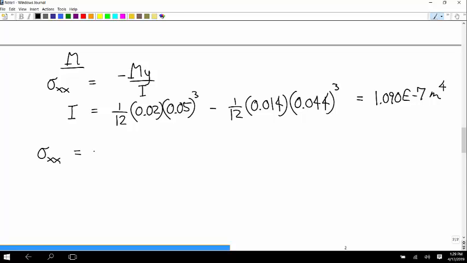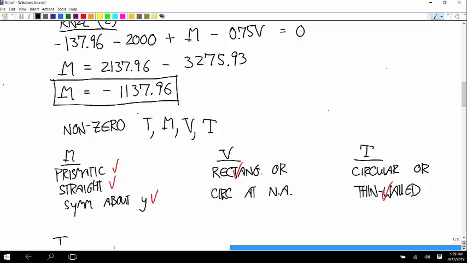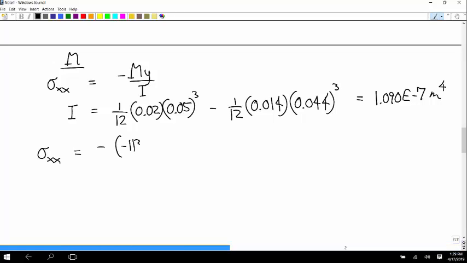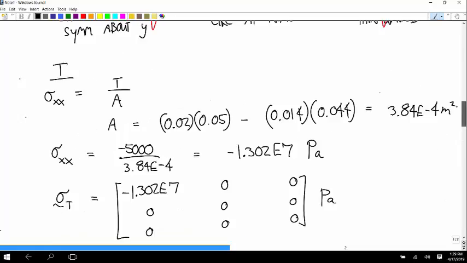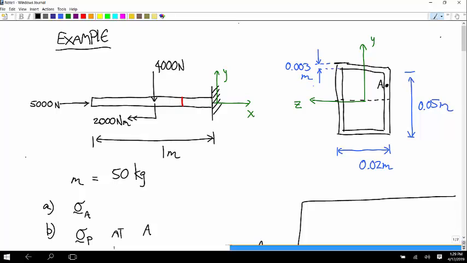And so sigma xx is negative of what we got for the bending moment, times y. Y is the distance from the neutral axis to the point we care about. This whole distance from the neutral axis to the top is 0.025, so this is 0.0125.